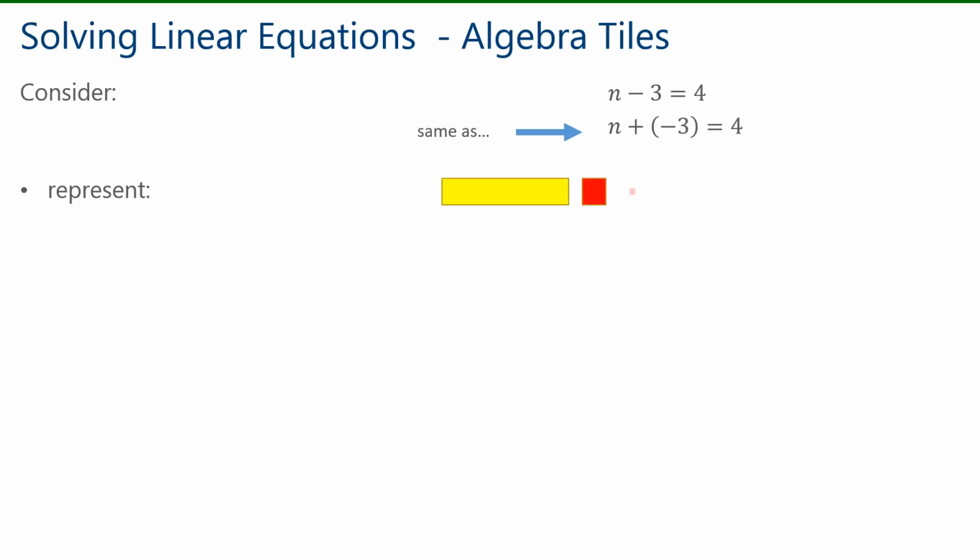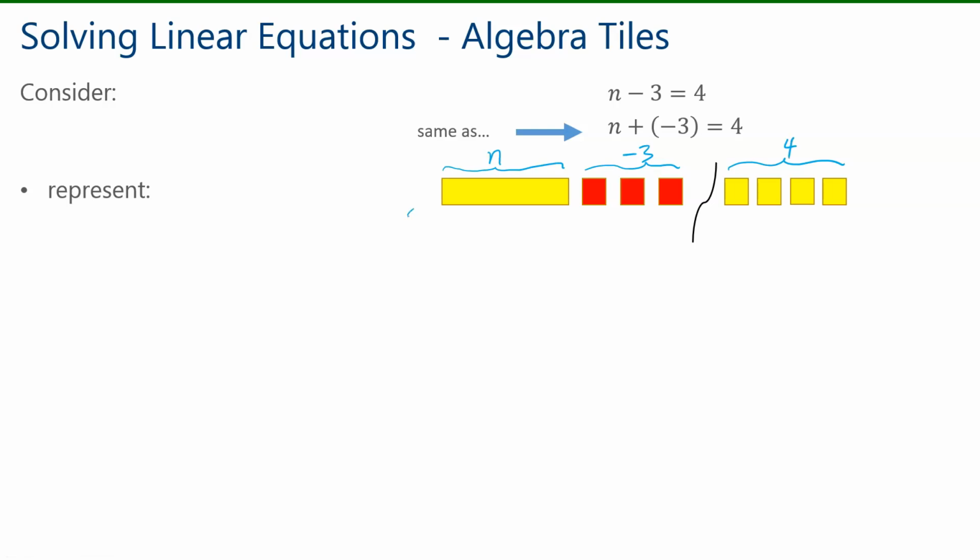To do that, we will need our one variable tile for the 1n. I have 3 red unit tiles for the -3 and 4 yellow positive tiles for the +4. So this would be our 1n. This is our -3 part, and this is our +4.